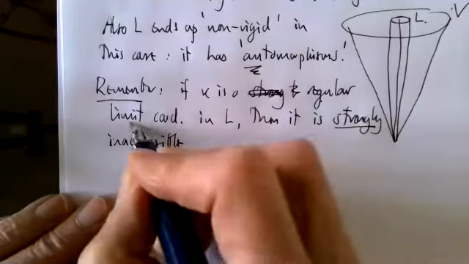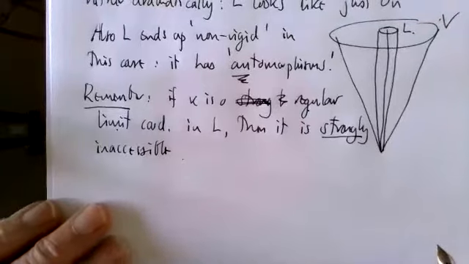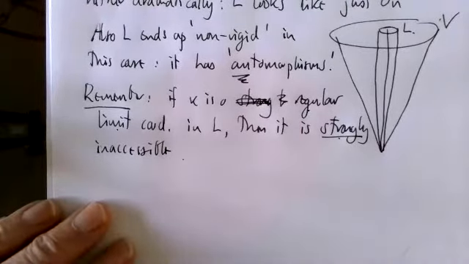Being a regular limit just makes you weakly inaccessible. But strongly inaccessible means you're closed under the power set operation, right?